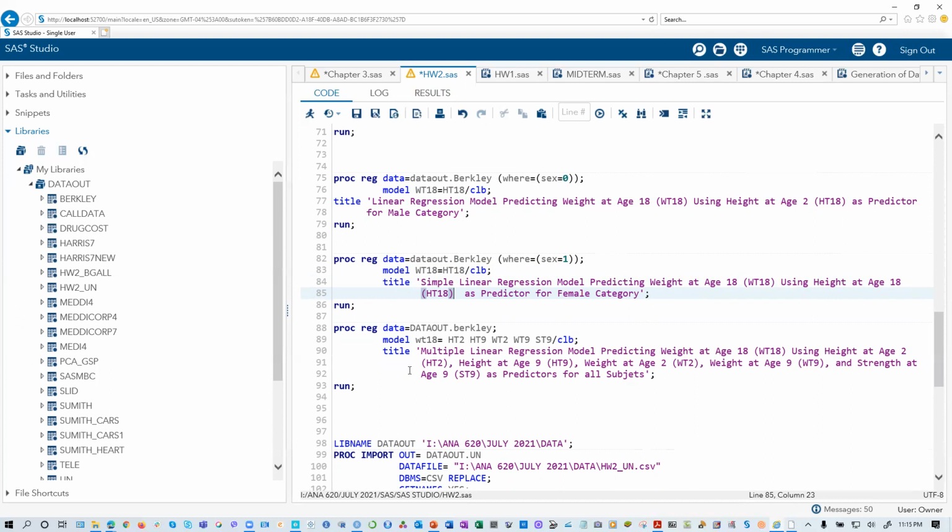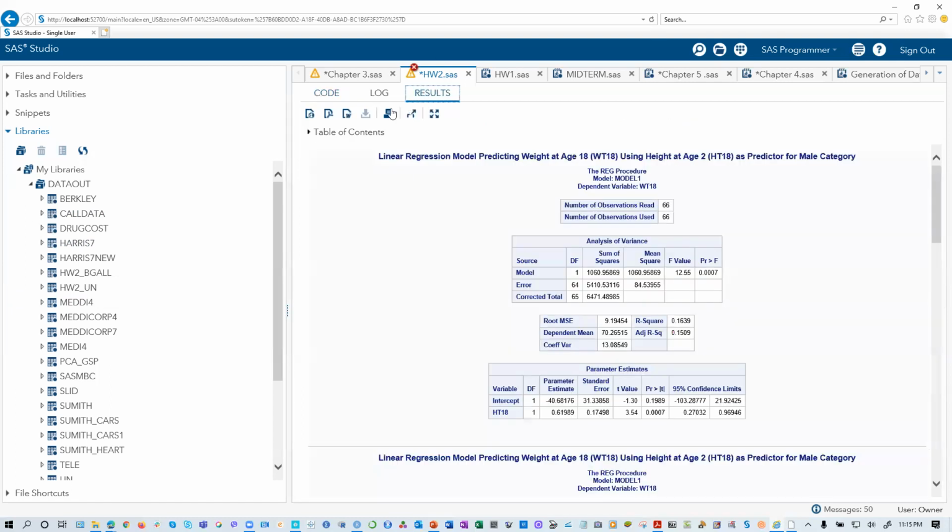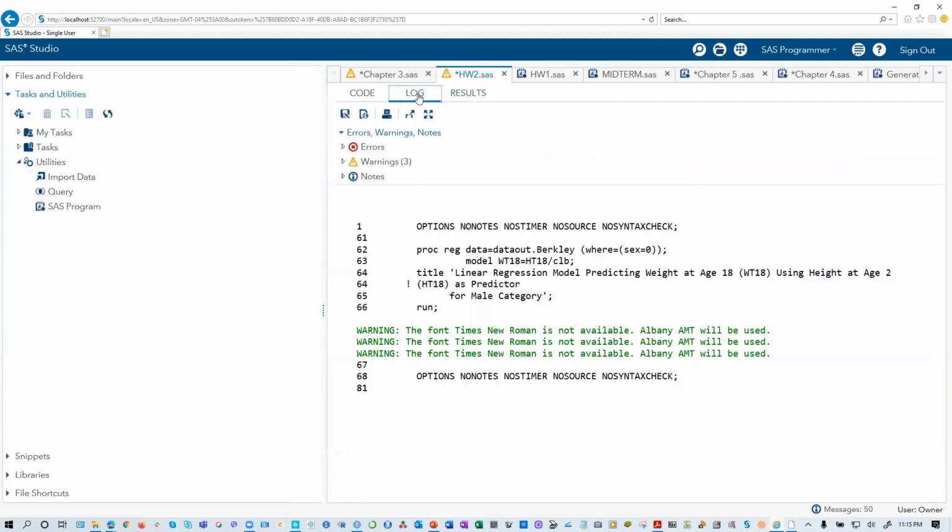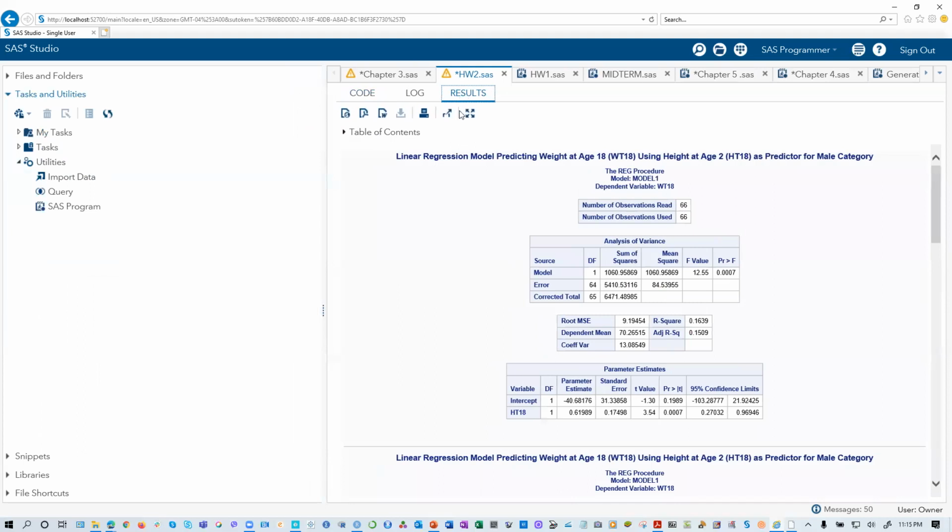Can you do split screen so we can see the code and the results at the same time? That might be helpful. Okay, yeah, I can help you. Hold the results tab and drag it to the right side of the screen, the other side.